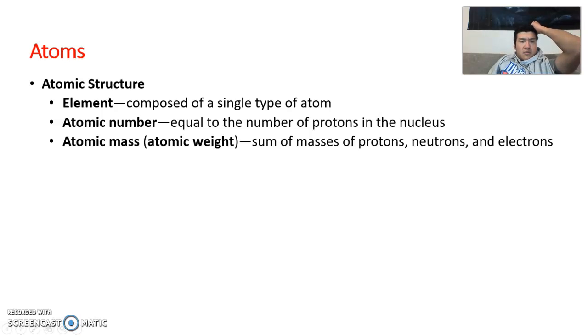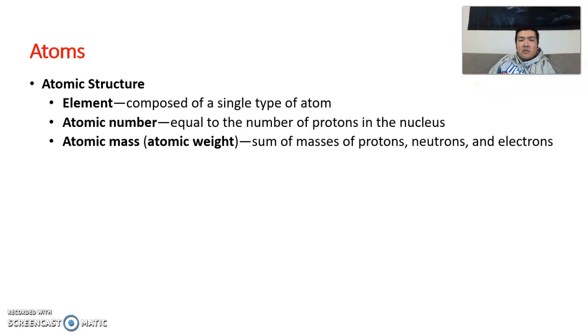Now, as I mentioned before, atomic number and atomic mass, for those of you who don't necessarily know what those are: atomic number is essentially indicative of the amount of protons and electrons within an atom. The atomic mass, or the atomic weight, is essentially the sum of the protons with the sum of neutrons.